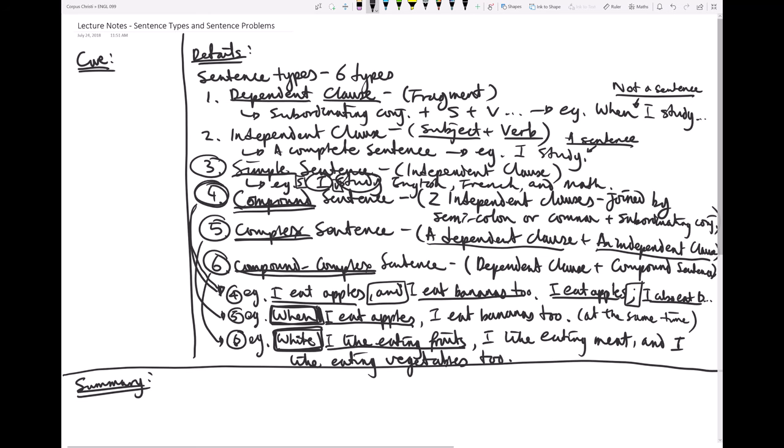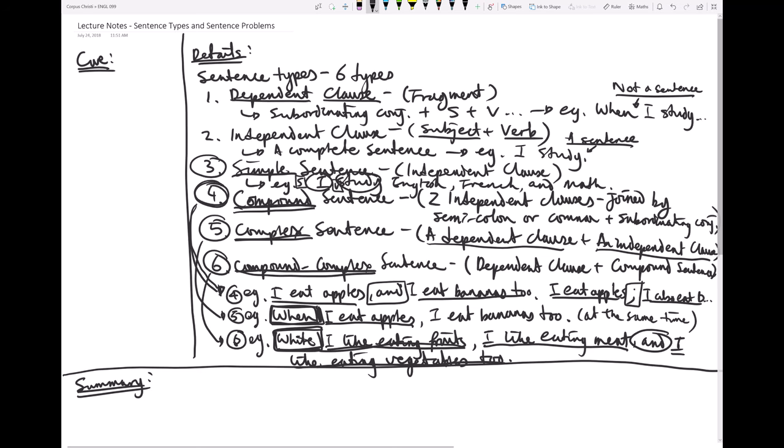So here we have the dependent clause right here, followed by a compound sentence. I like eating meat, and I like eating vegetables too. So here we have a compound complex sentence.